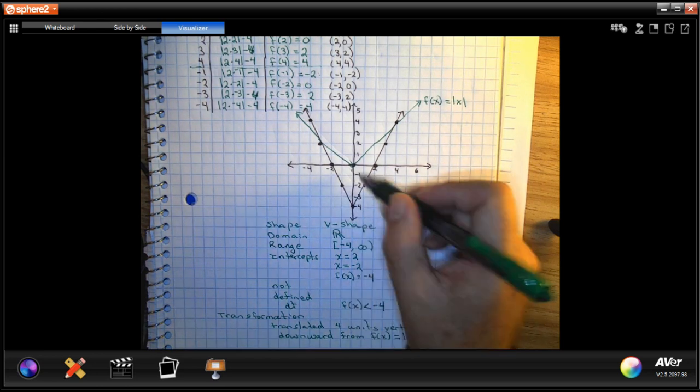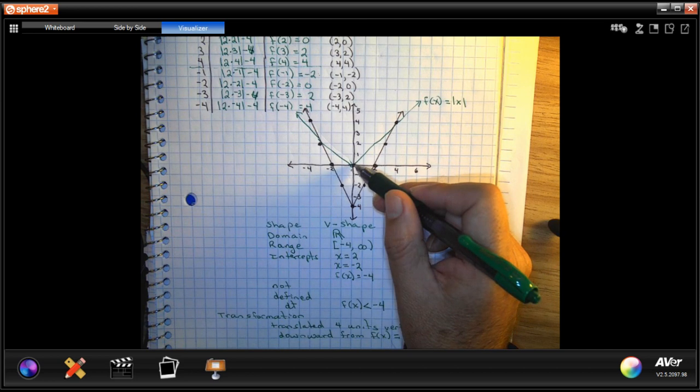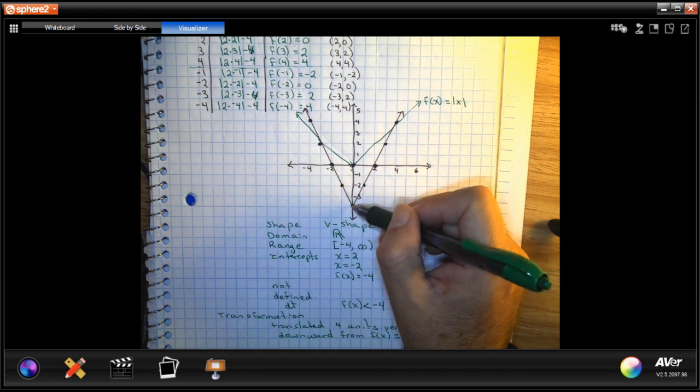So that was one transformation. It got pushed downwards, vertically down 4 units.